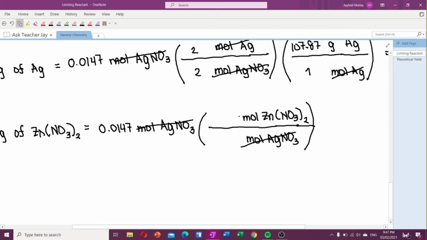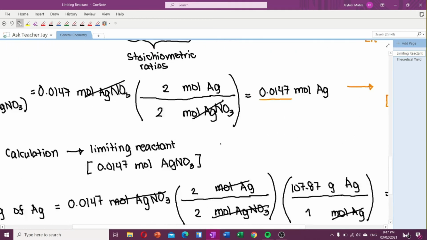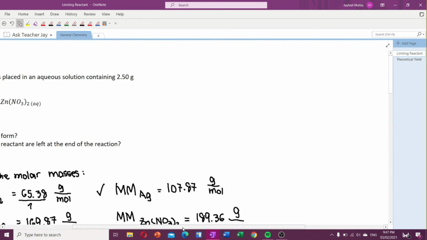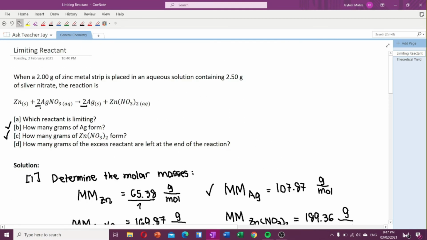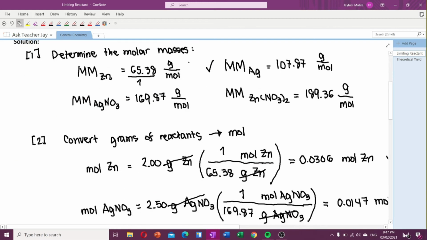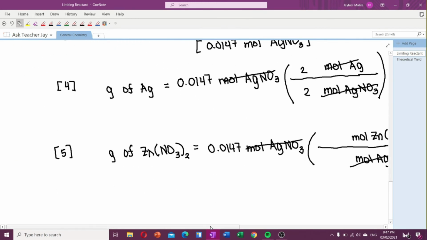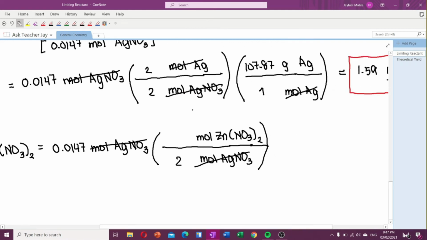For this one, since this is mole to mole conversion, we need to use the stoichiometric ratios that we can find in the chemical equation. So between AgNO3 and ZnNO3, the ratio is for every 2 AgNO3, there is only 1 zinc nitrate.